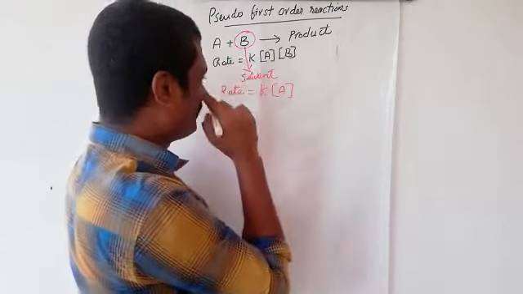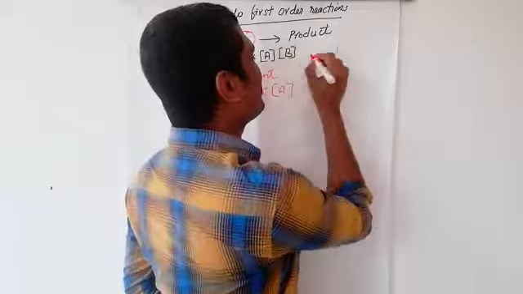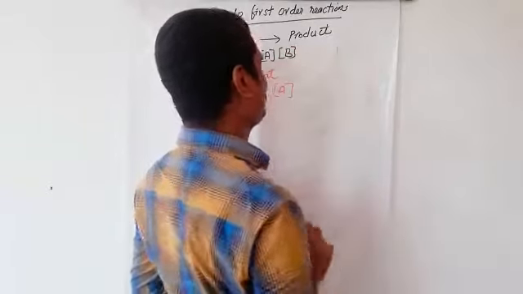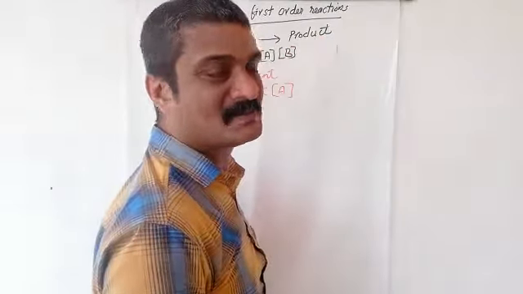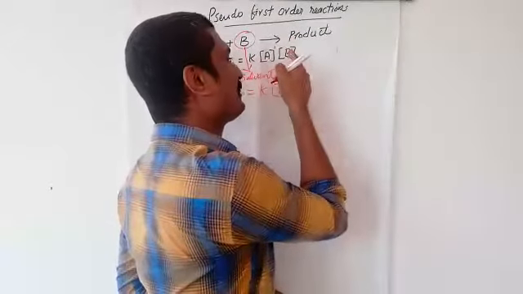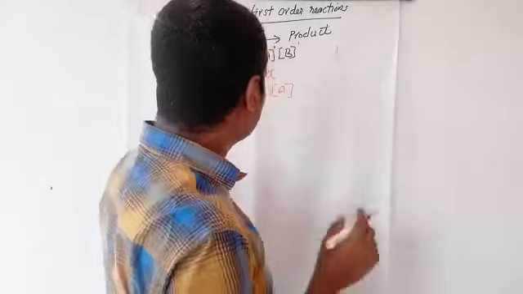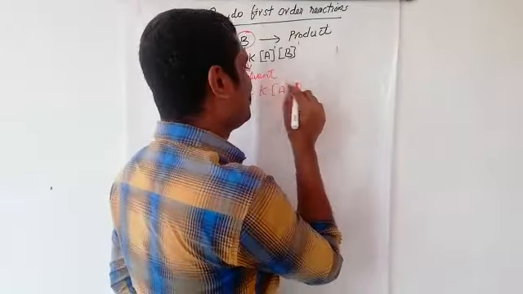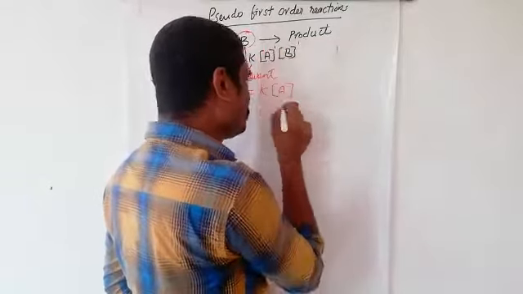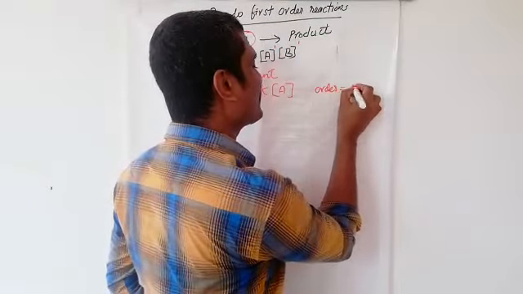On the basis of the expected rate law, the expected order of the reaction is 2. The power of the concentration of reactant A is 1, the power of the concentration of reactant B is 1, 1 plus 1, 2. But the actual order of the reaction is 1.